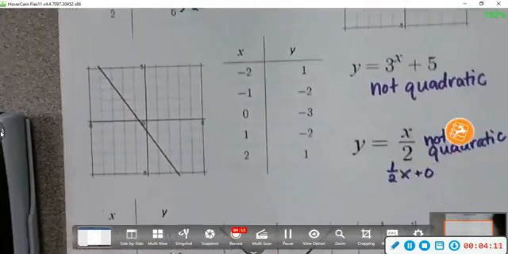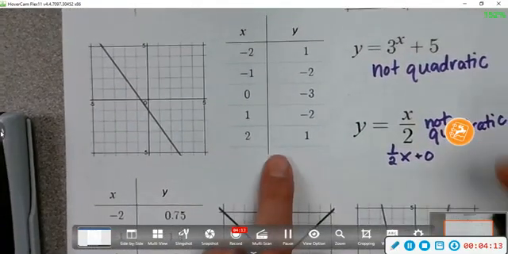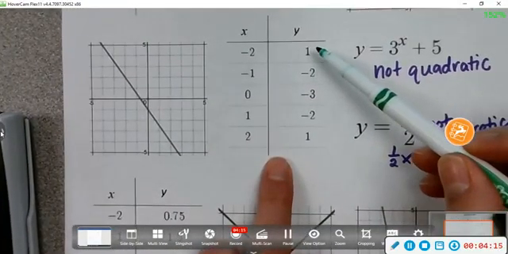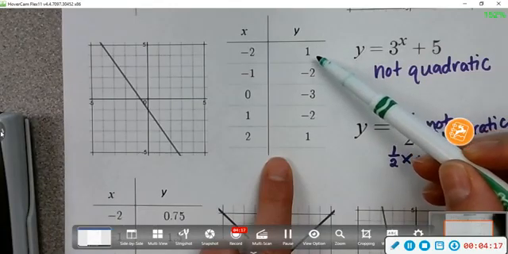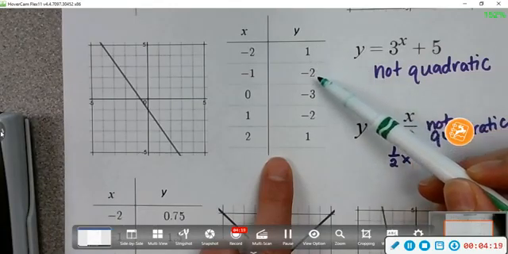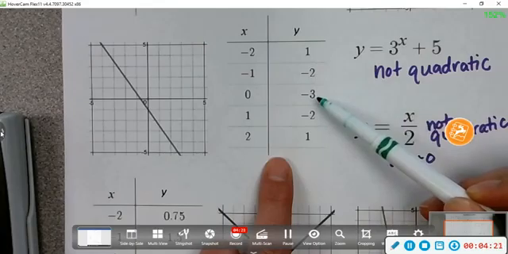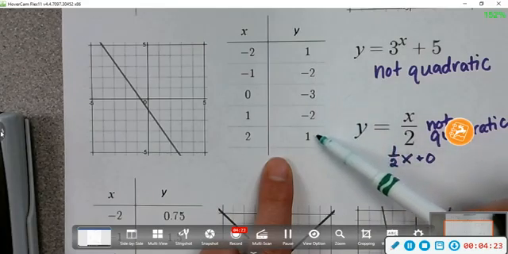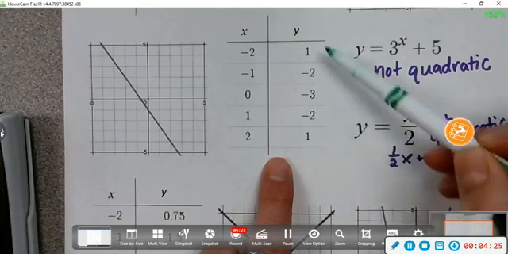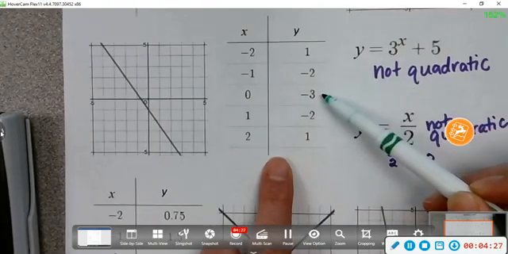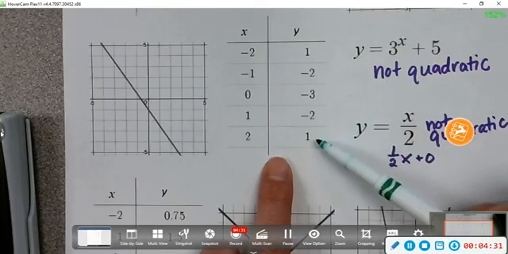Okay, if we go to the second table here, on this one, if we notice just the direction that we're going, we start at +1, then we're going down to -2 and -3, but then we turn around and go back up. So here we're decreasing, we hit a minimum point, and then we're increasing. This is a huge indicator that this is quadratic.